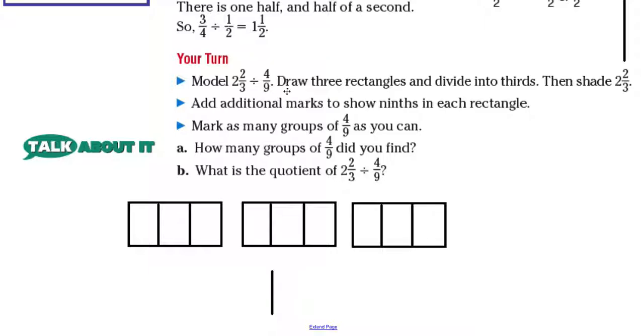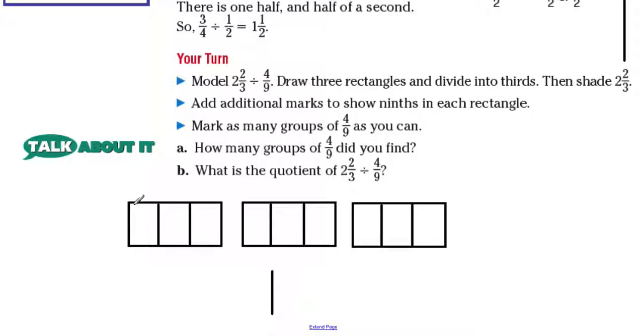Let's follow the step-by-step directions. Draw 3 rectangles and divide them into thirds. I already did that. You have 3 rectangles divided into thirds. Then shade 2 and 2/3 of the rectangles. So we're going to shade 2 and 2/3 of it. Let's use a red crayon for this one.